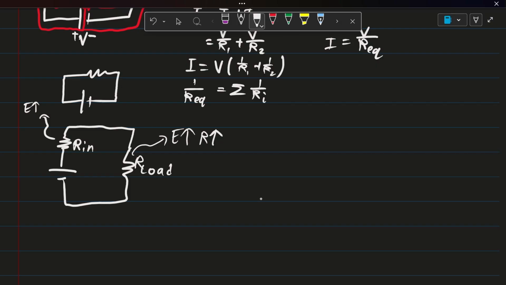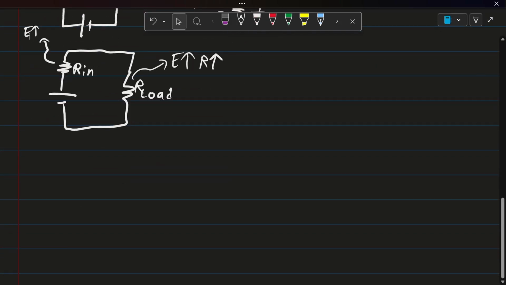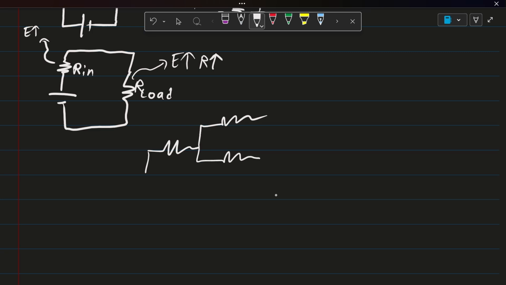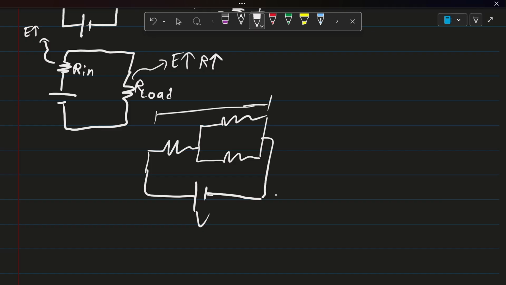So, with this knowledge of series and parallel, you could design a certain resistance through applying multiple of these resistors. Let's say, for example, I have this kind of circuit in which it just attaches to an EMF, we call that V, and the question is, what's this entire thing as an R equivalent?